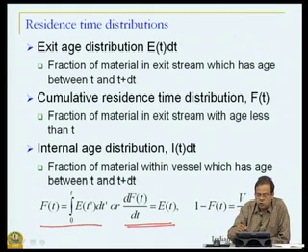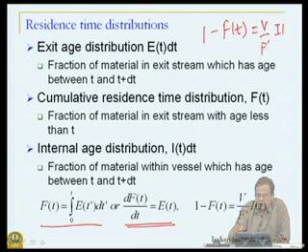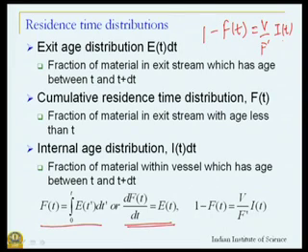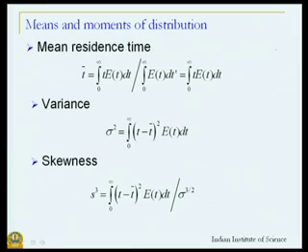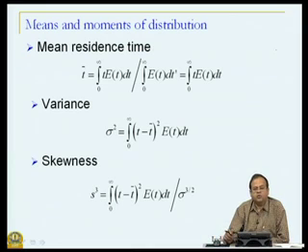And we also just now saw that 1 minus f of t is v by f prime into I of t. So, thereby internal age distribution and exit age distribution and cumulative residence time distributions are all related to each other. We will come to how we get these distributions in just few minutes, but let us just continue this characterization of this residence time.